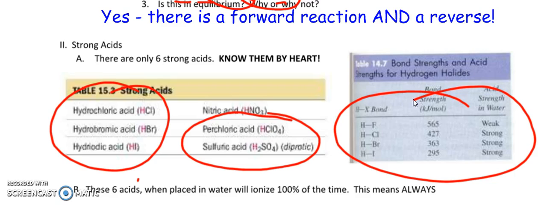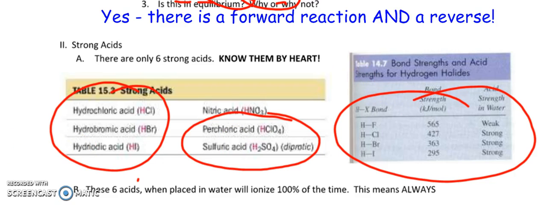It's more energy to take the hydrogen away from fluorine than from chlorine, bromine, or iodine. So really, the strongest of all these would be HI, but we can't really rank them because all 3 of those will 100% of the time completely dissociate in water. But it's the easiest to break up the HI, okay?